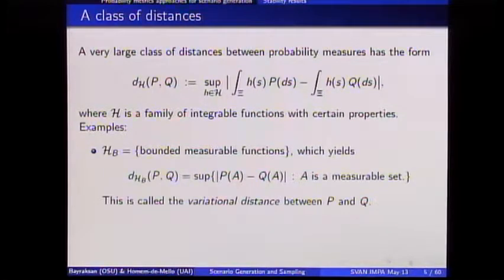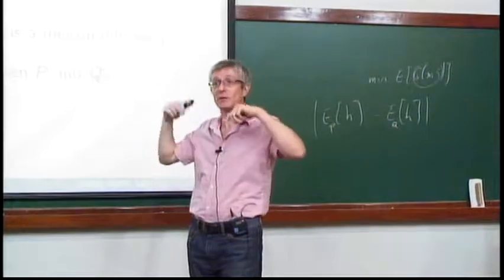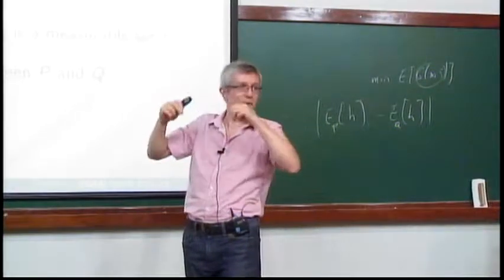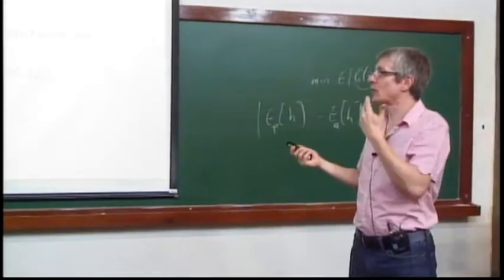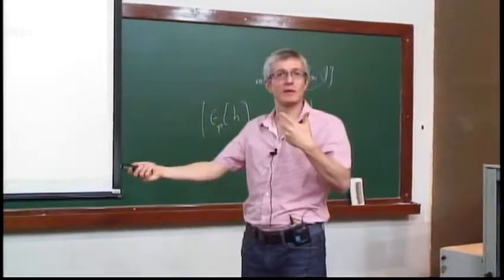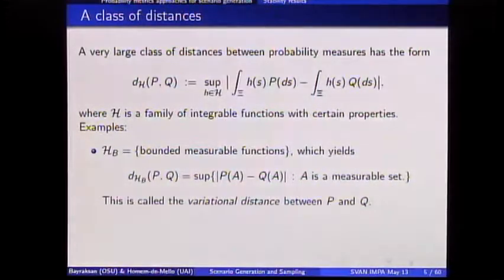one of our goals could be, for example, to go from a continuous distribution to a discrete distribution. You want to select scenarios, after all. So if that's the case, think about it. If you're trying to approximate a continuous distribution with a discrete distribution, this distance is not going to work. Because if you take the continuous set here, it's got to be the same set.